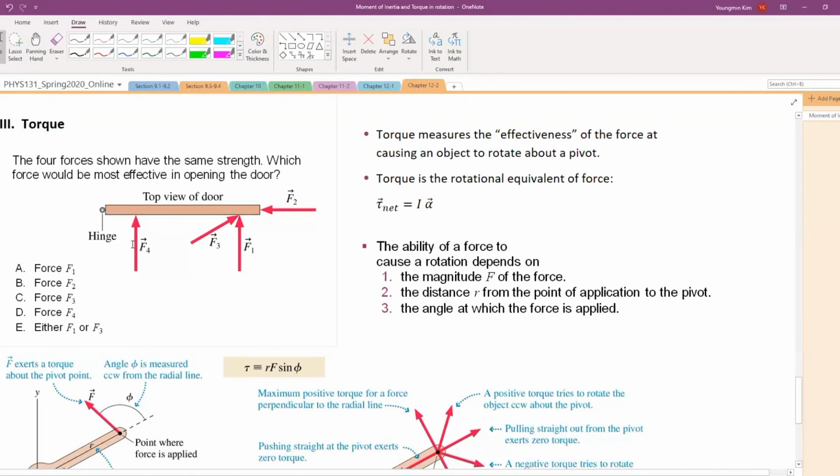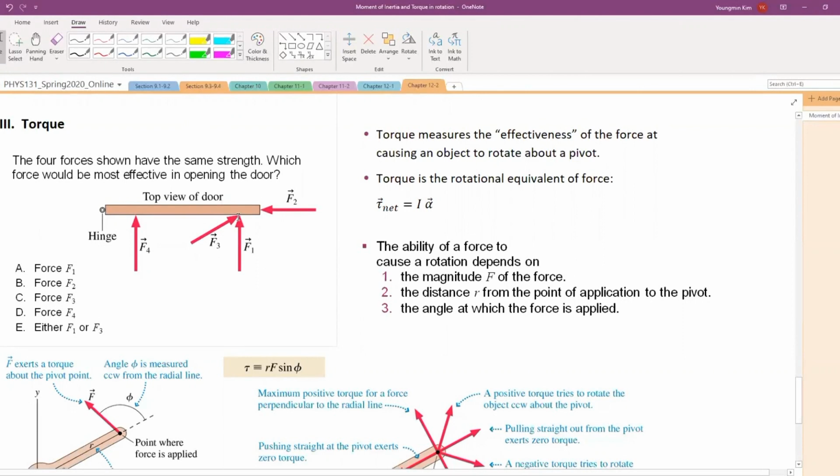You can see that torque, which measures the effectiveness of the force causing this door to rotate about its hinge point, will depend on a couple of parameters. Number one, it will depend on the magnitude of the force, right? The stronger force that you push the door, the more effectively it will swing open. And also, it depends on where you apply the force.